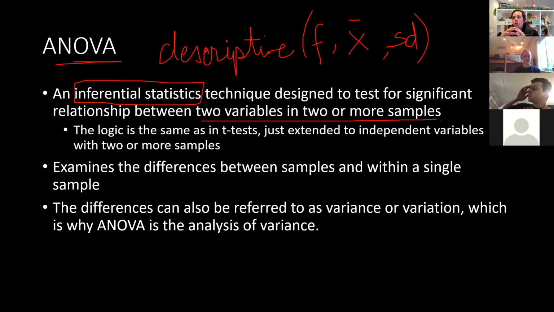The differences can be referred to as variance or variation, which is why ANOVA is an analysis of variance. So you're looking at a specific data set or sample and seeing how much it varies compared to another sample and how much it varies as it relates to a dependent variable. We want to see how different they each are. So it's not quite a mean, it's how much they vary.